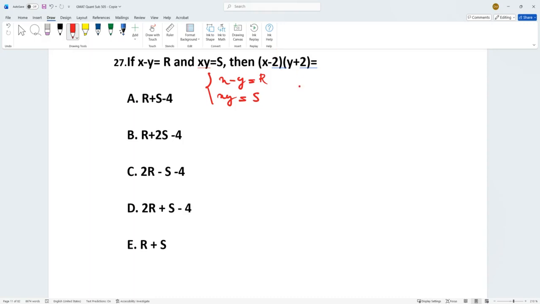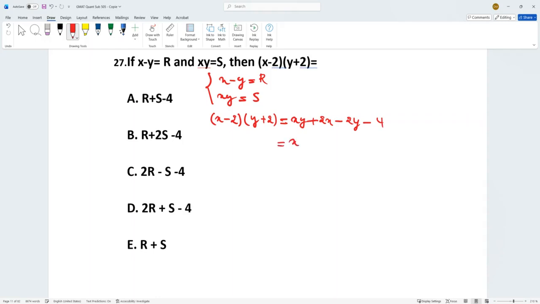We need to develop it and hopefully get an answer that corresponds to the answer choices. So when we develop it: x times y is xy, x times 2 is 2x, minus 2 times y is minus 2y, and minus 2 times 2 is minus 4.